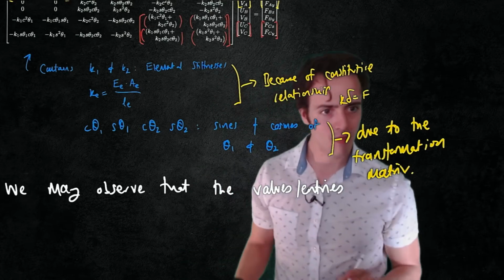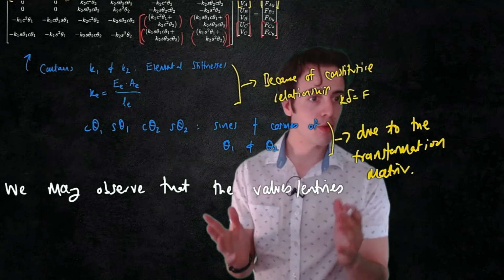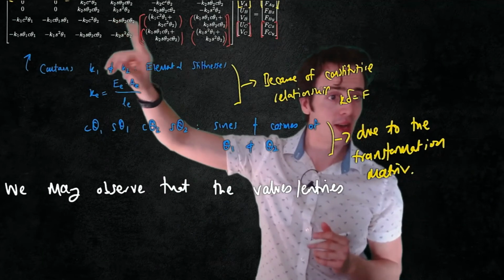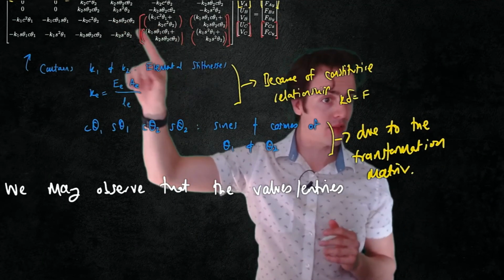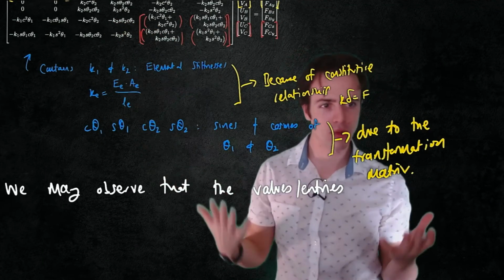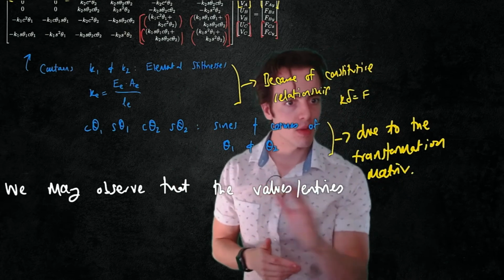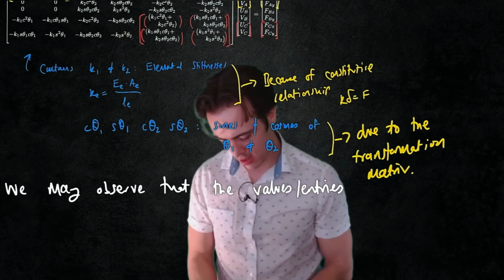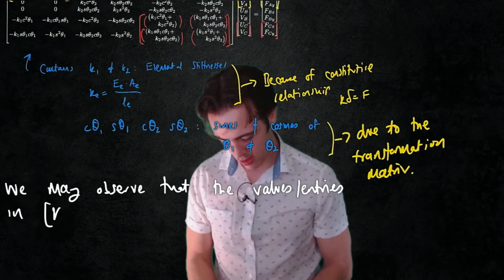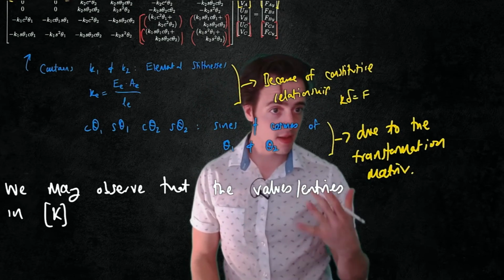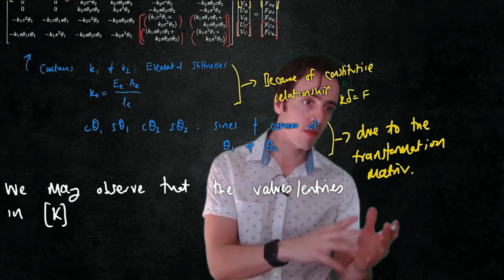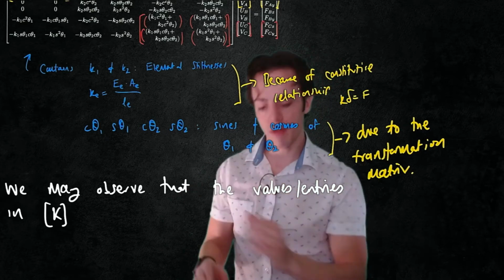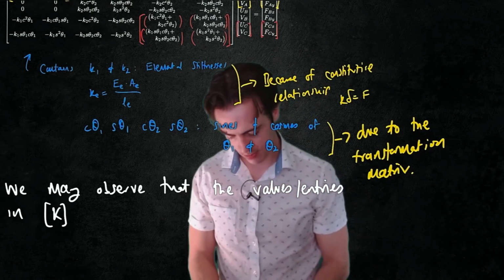I'm having to think while I'm writing this. I've just said we may observe that the values or entries in this big matrix, I'm trying to avoid using the word element in a matrix because then that causes confusion with finite elements. So we'll say we may observe that the values or entries in the global stiffness matrix are simply the combined parts of the individual element stiffness matrices.